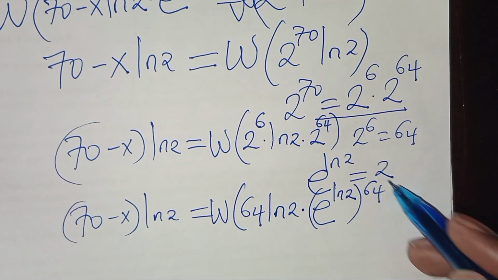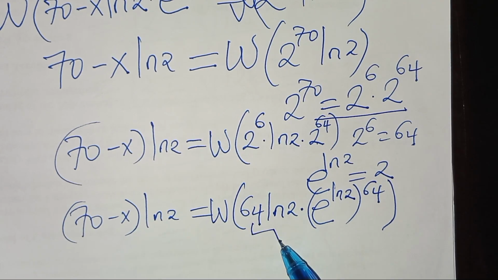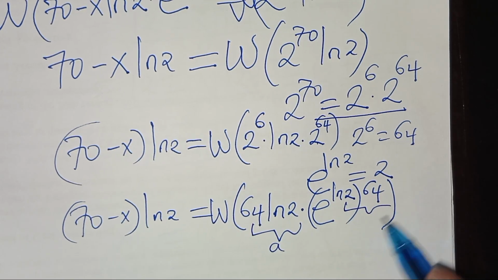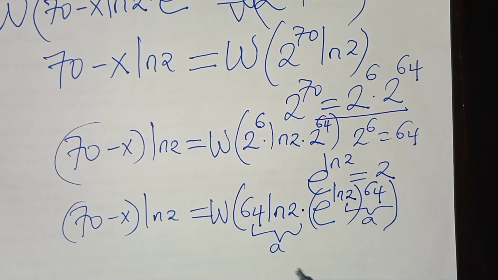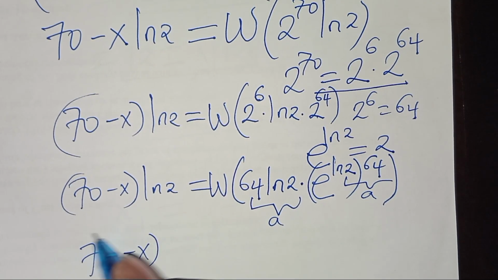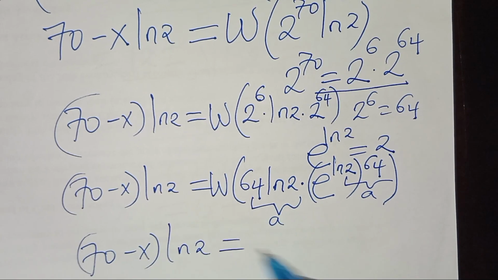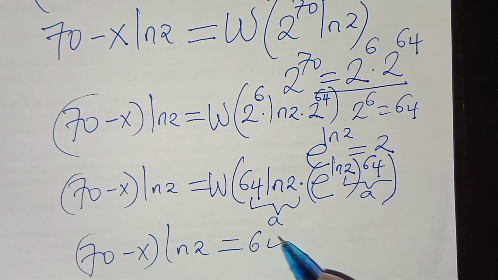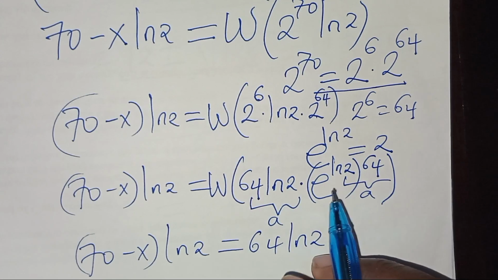Clearly, you can see this part and this part are the same. So applying the Lambert W function, we have that 70 subtract x ln of 2 is equal to 64 ln of 2.